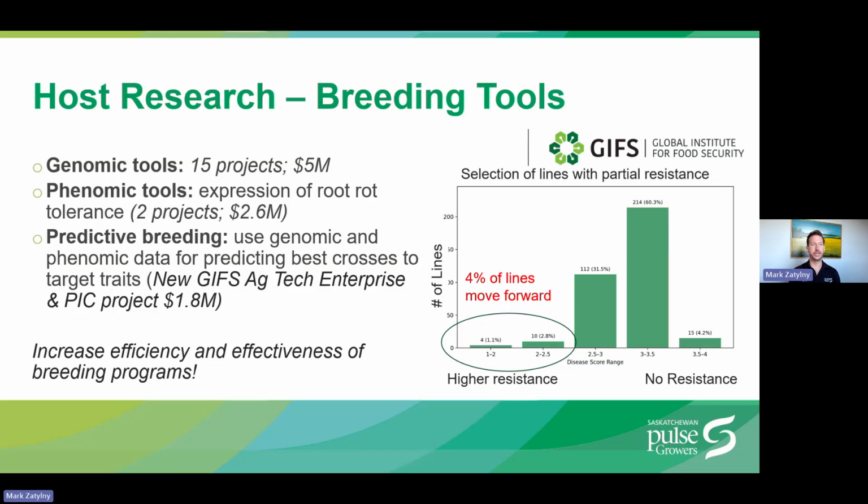This project is funded by SPG and is set up to allow all the breeding organizations access to this tool where early generation lines can be tested for expression of Aphanomyces resistance. The graph here is showing the results from screening that was done this past winter, where out of all the lines bred for resistance, only 4% of them actually improved that resistance.